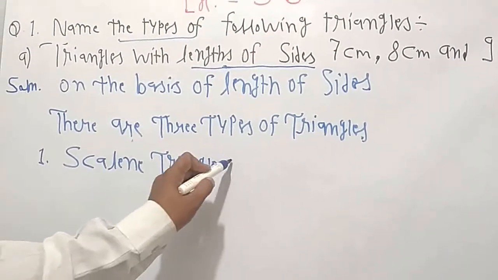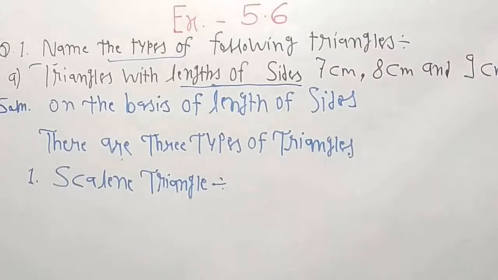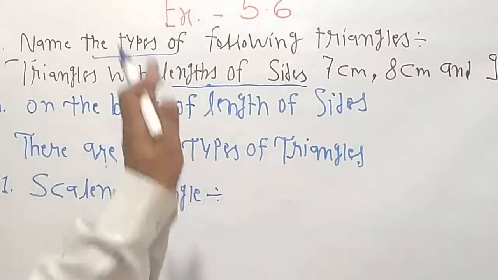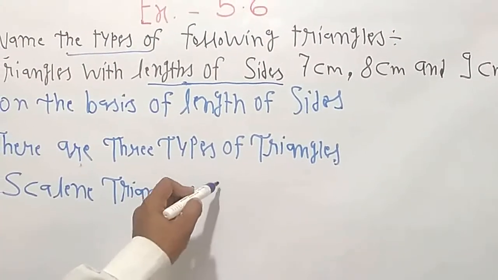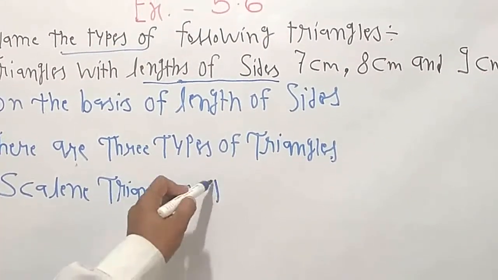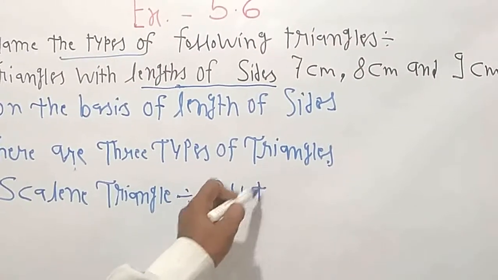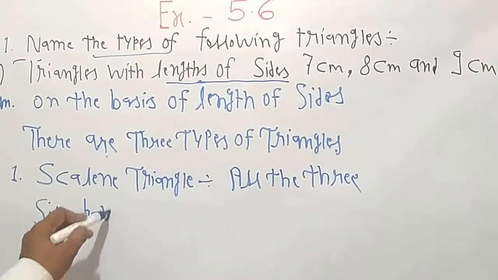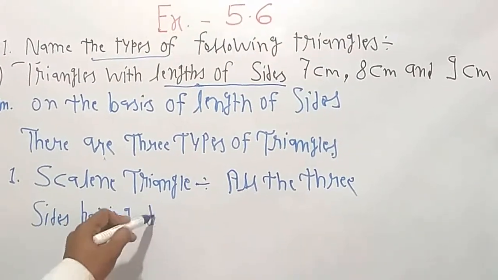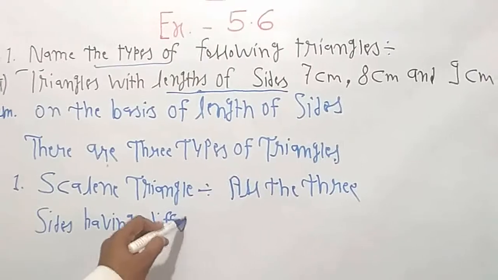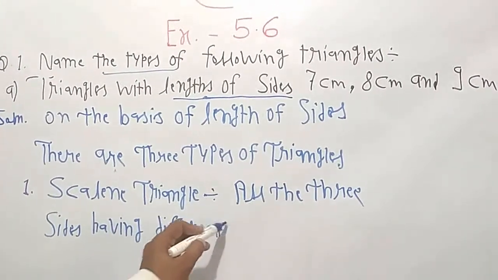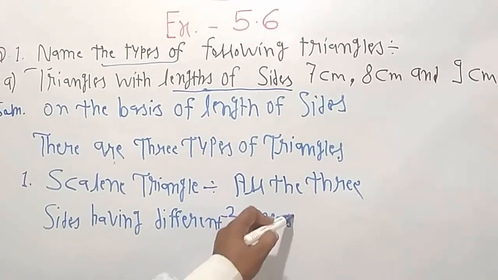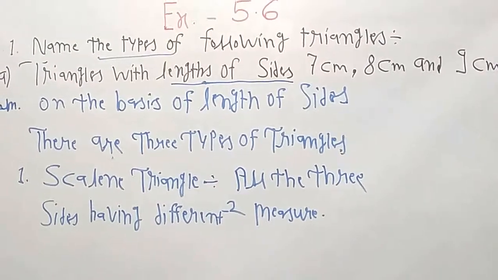Scalene triangles are the triangles in which all the three sides have different measurements, or lengths.